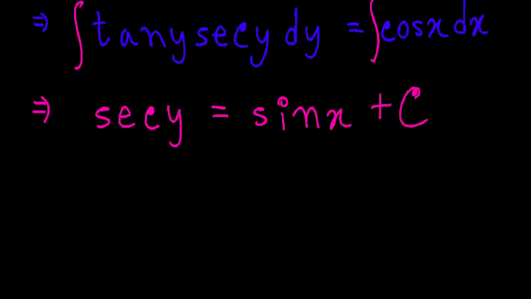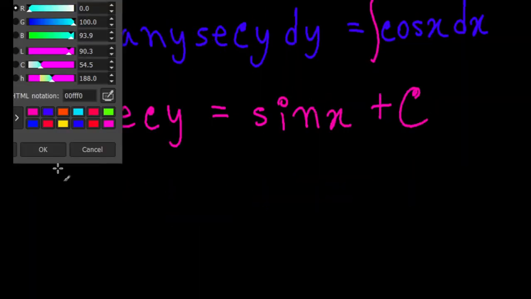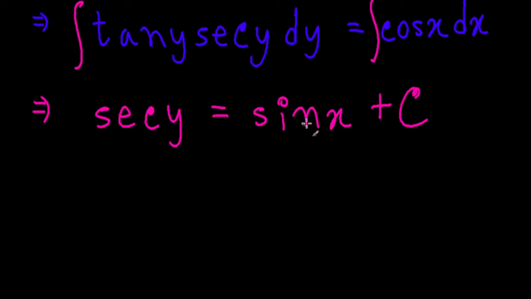So when x equals 0, on this side you have sine of 0, so that's 0 plus c. This is going to be equal to, y is also 0 when x equals 0, so secant of 0, or basically 1 by cosine of 0. Since cosine of 0 is 1, you basically have 1 here. So c is 1.